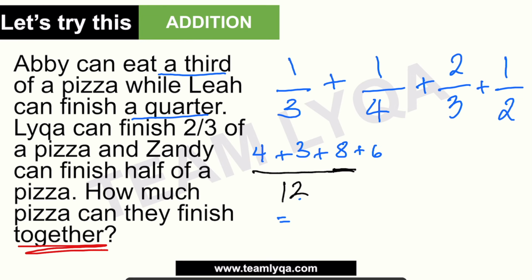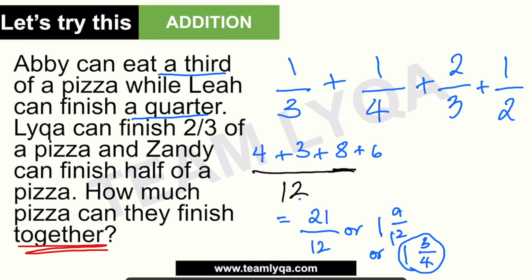You have 7 plus 8, that's 15, plus 6, that is 21. Okay? So, 21 over 12. Or, 1 and 9 over 12. Or, i-lowest terms pa natin, or 1 and 3 over 4, or 1 and 3/4.